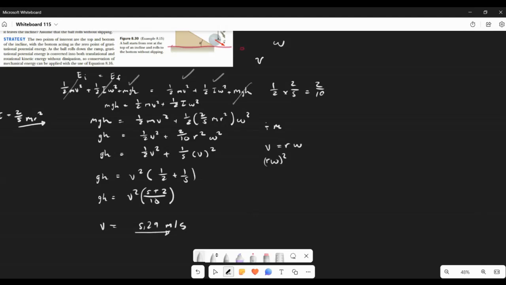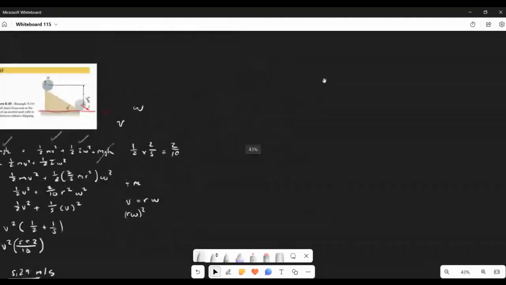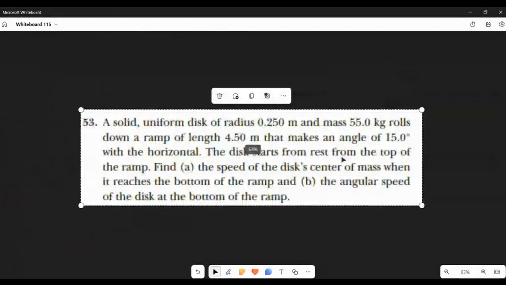Okay, I said number 53, right? Right place. So the visualization is exactly the same. There's no difference. I'll just paste it over here.